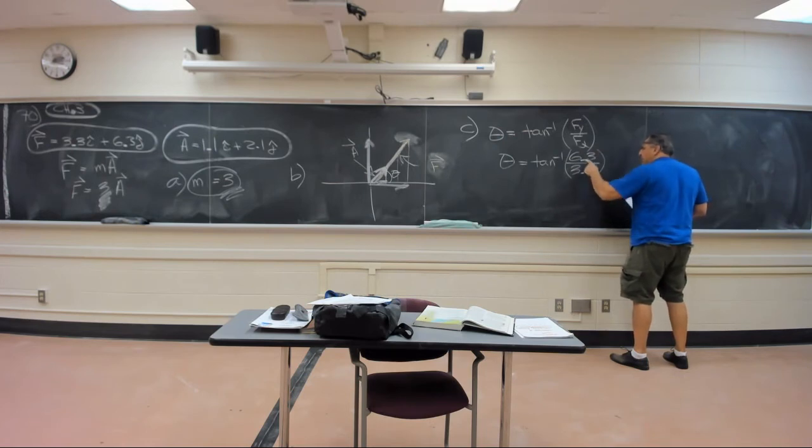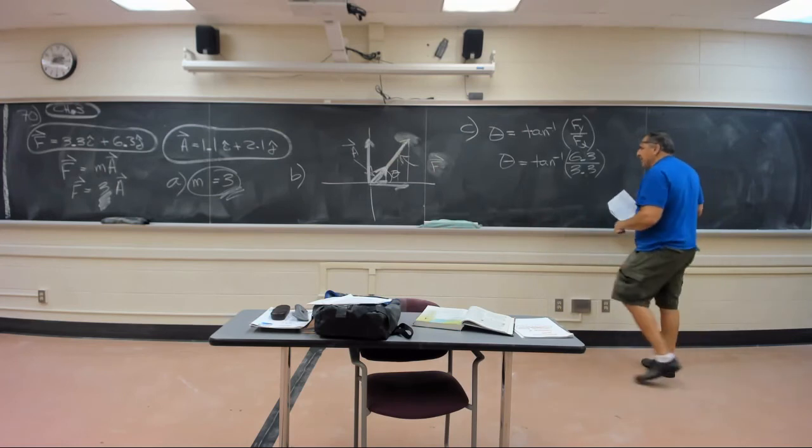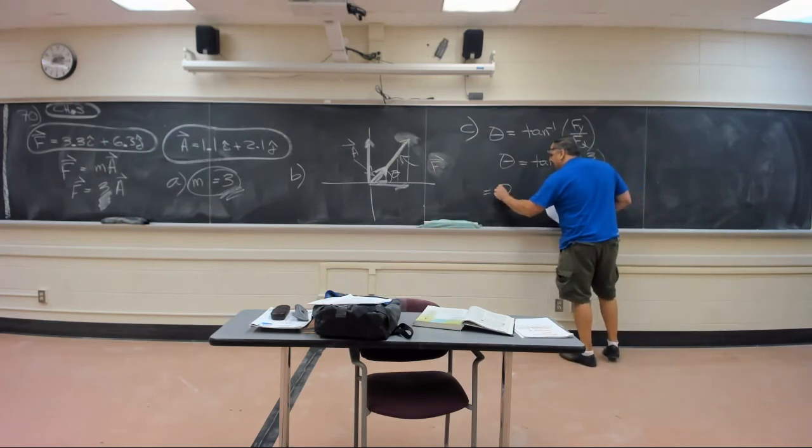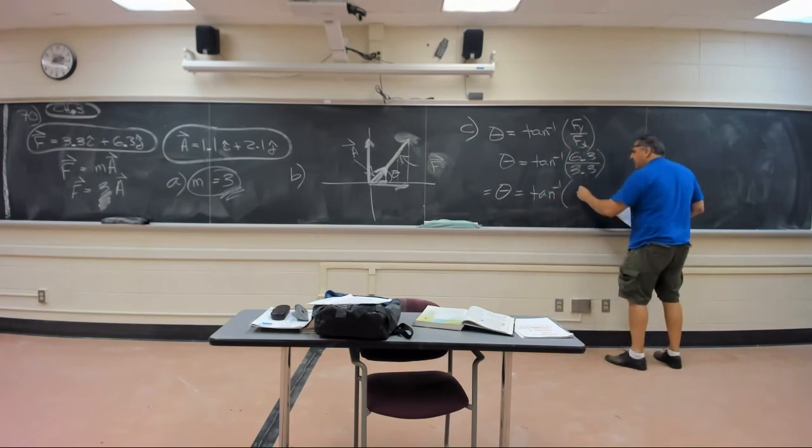Multiply this top one by 10, multiply the bottom one by 10, you got 63 over 33. Put 3 into 63, you got 21. Put 3 into 33, you got 11. You got 21 over 11. That's exactly the same as the inverse tangent of 2.1 over 1.1.